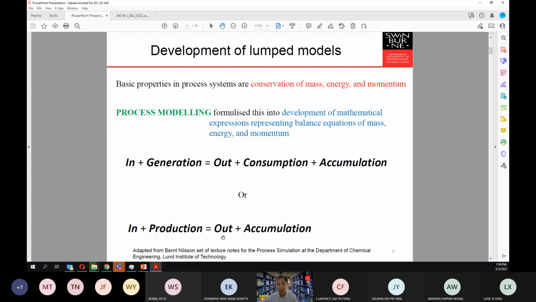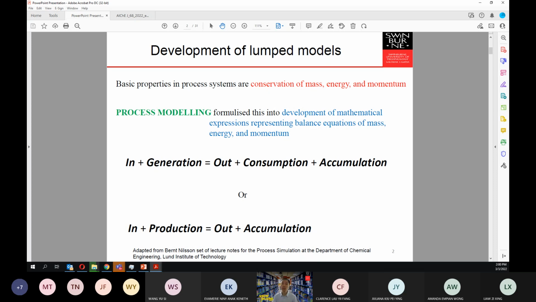So in a steady state problem, you don't have accumulation. Does it answer your question, Clarence? Still confused? Yeah, I guess it depends from problem to problem.